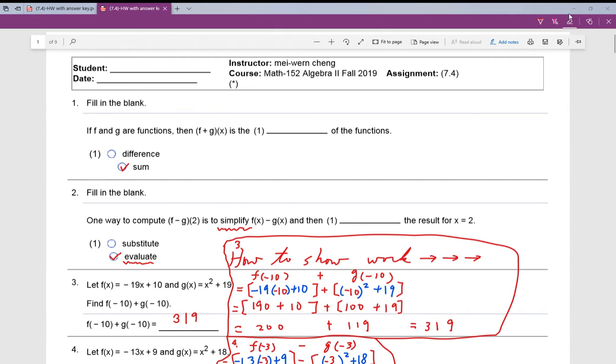Okay, so in chapter 12, you are going to learn something called composite functions.